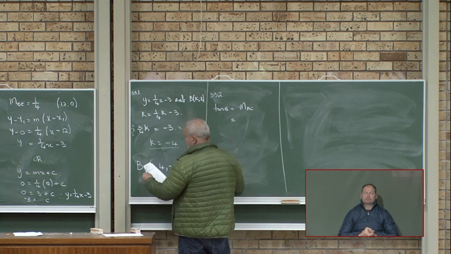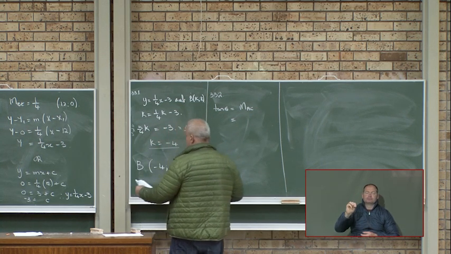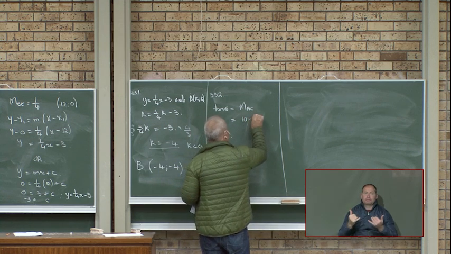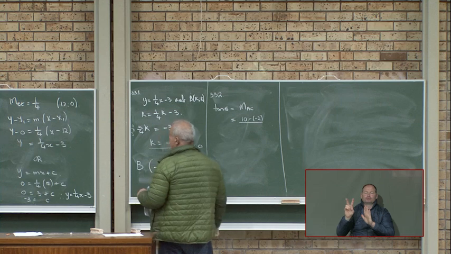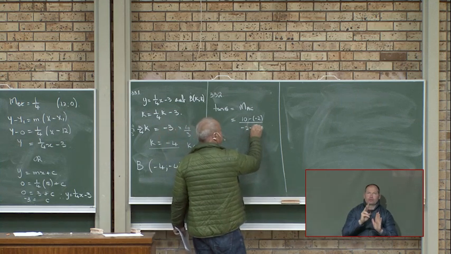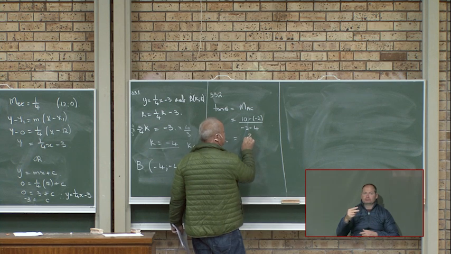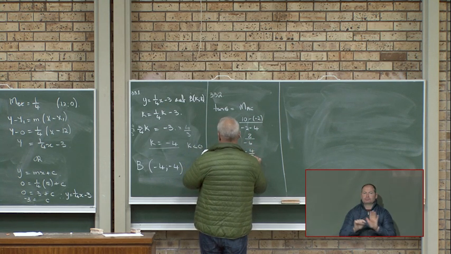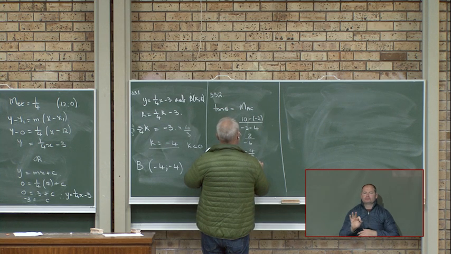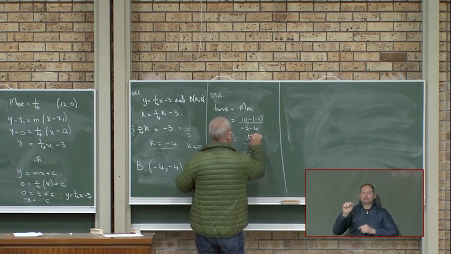And the gradient of AC is equal to change in y over change in x. So it is 10 minus 2 over negative 2 minus 4, which is equal to 8 over negative 6, which is negative 4 over 3. This here is equal to 12 over 6, which is equal to negative 2.